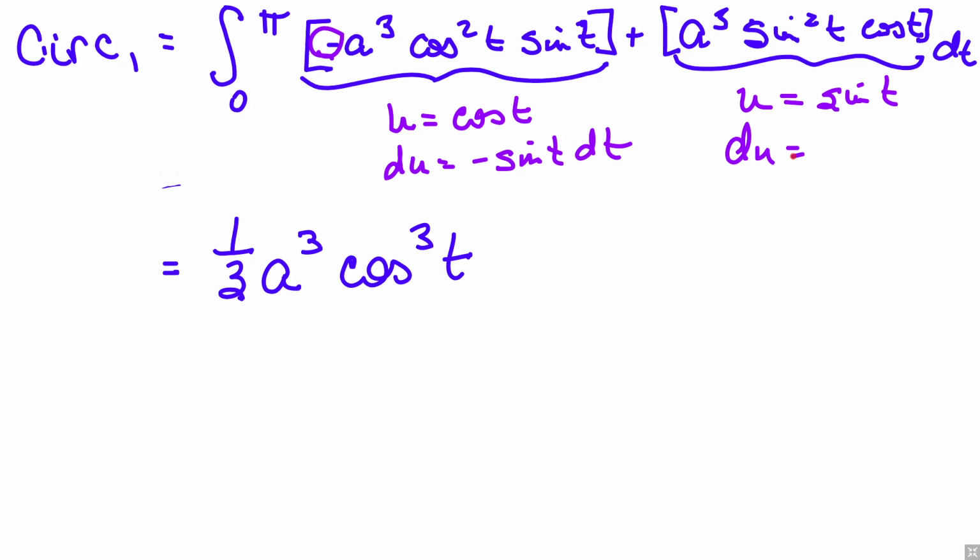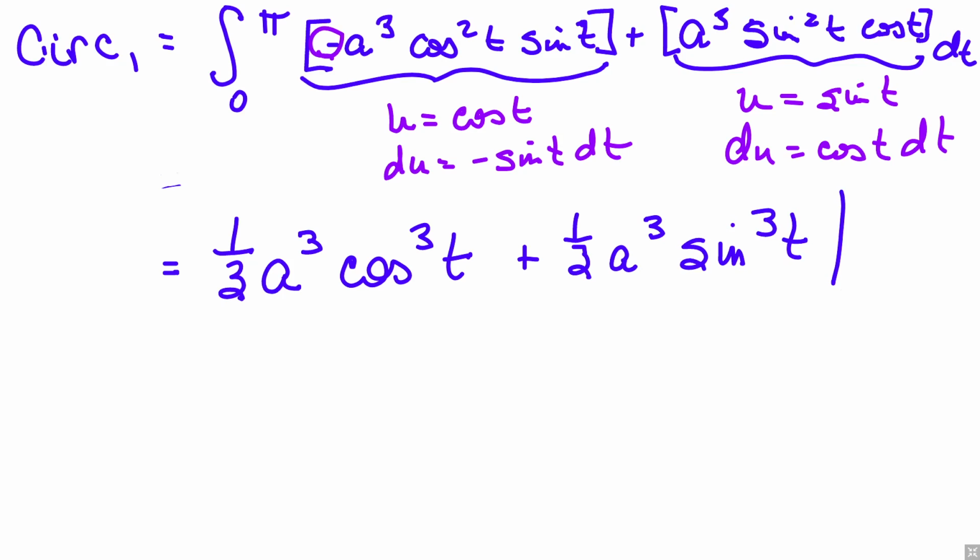So du would be cosine t dt, and we've got the cosine t dt, so we're ready to go. Again, a cubed is a constant, so we end up with plus a cubed, and the antiderivative of u squared is one third, so one third a cubed sine cubed t, and then we evaluate this from 0 to pi.